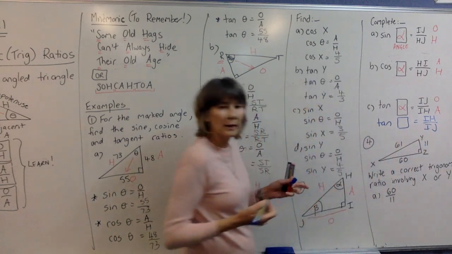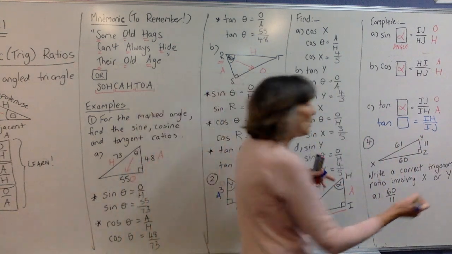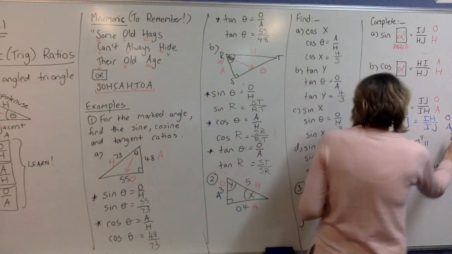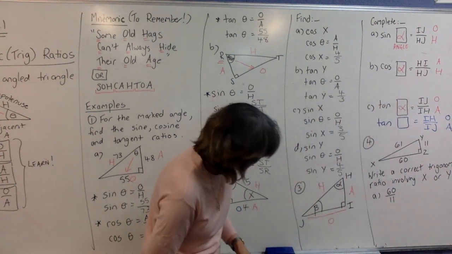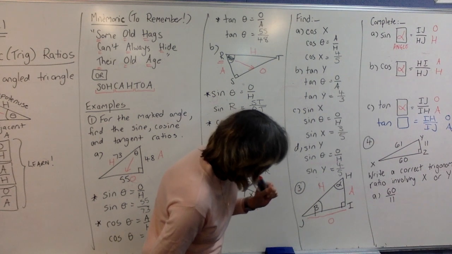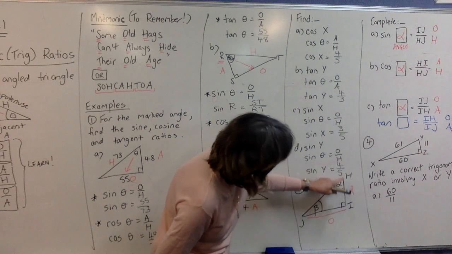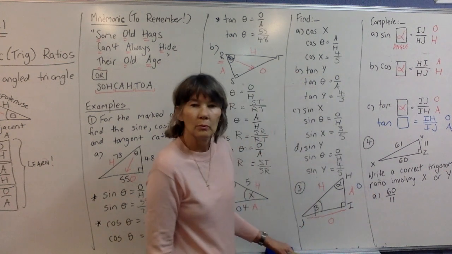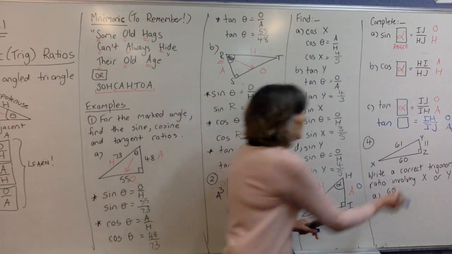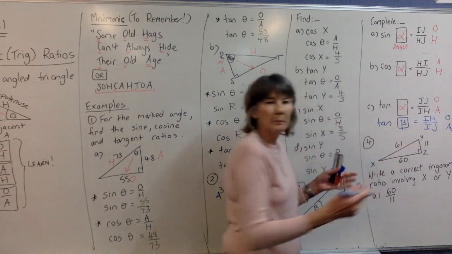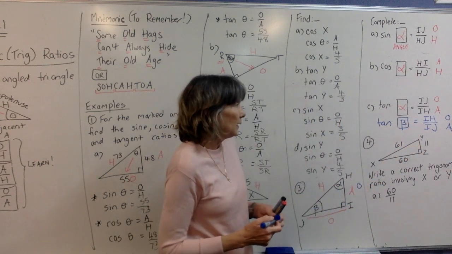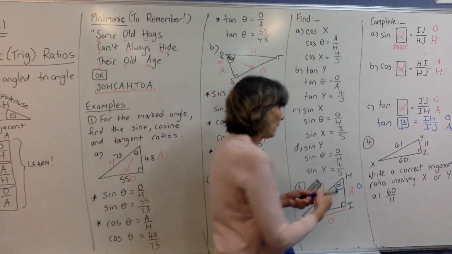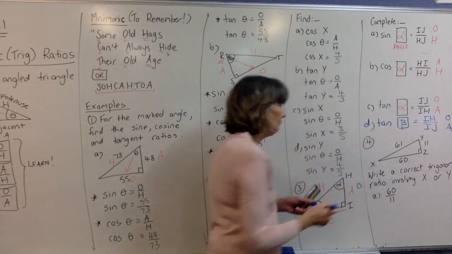If I gave you that one, you'd go, all right, well, tan has to be opposite over adjacent. So you come over here and you go, all right, ih has to be the opposite side. Now, what's that opposite? It's opposite beta. So that one would have a beta answer, but I didn't give you that one to do, did I? Maybe you can add that one in as part D. All right.